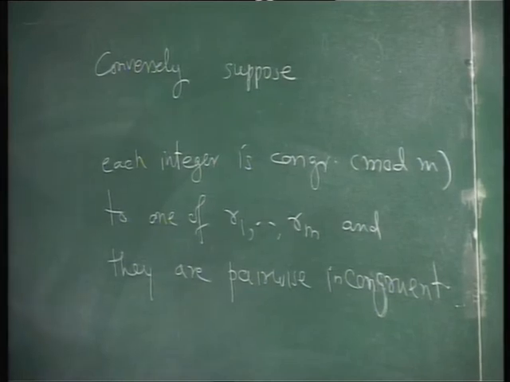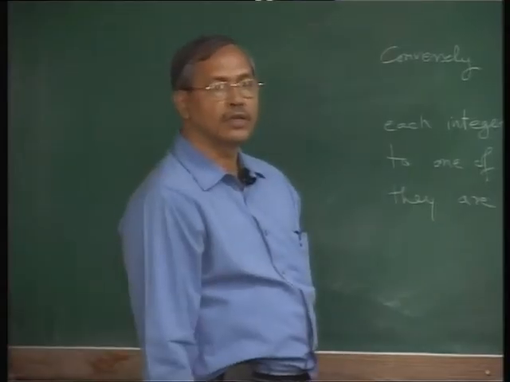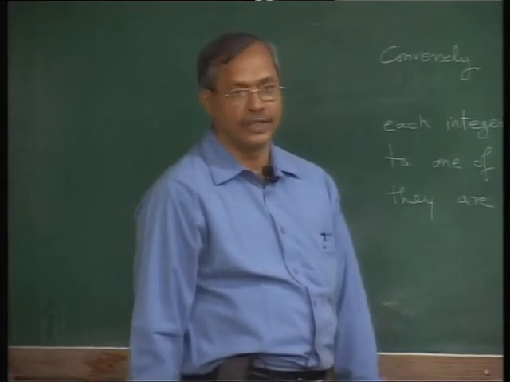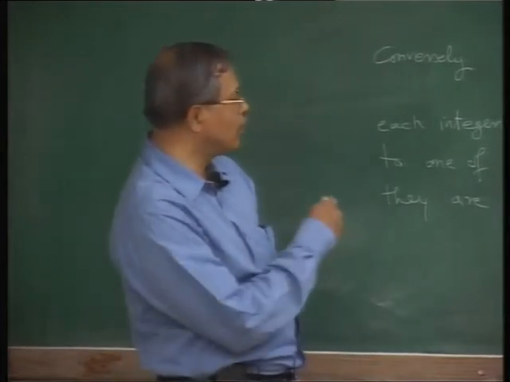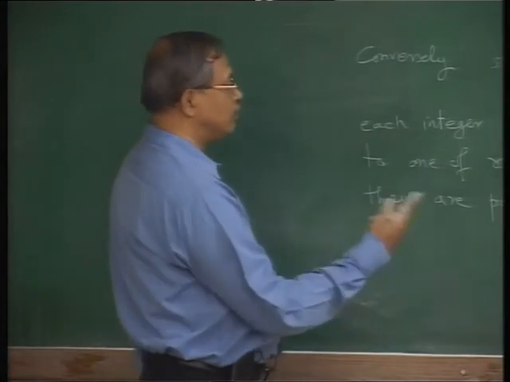Do they form a CRS? CRS means every integer is congruent to one and only one of these numbers. So it is congruent, that is assumed. Is it congruent to two?